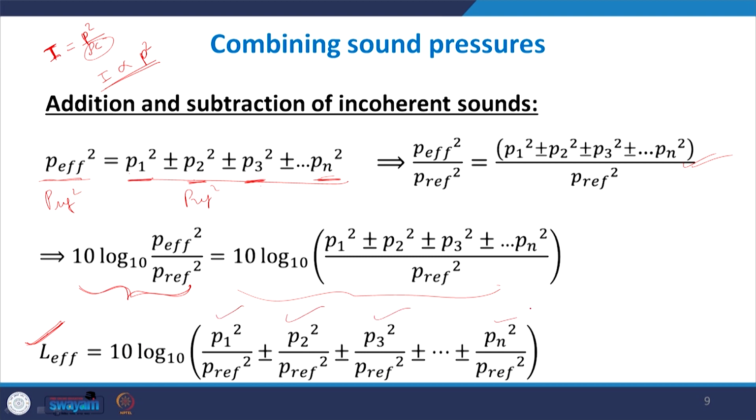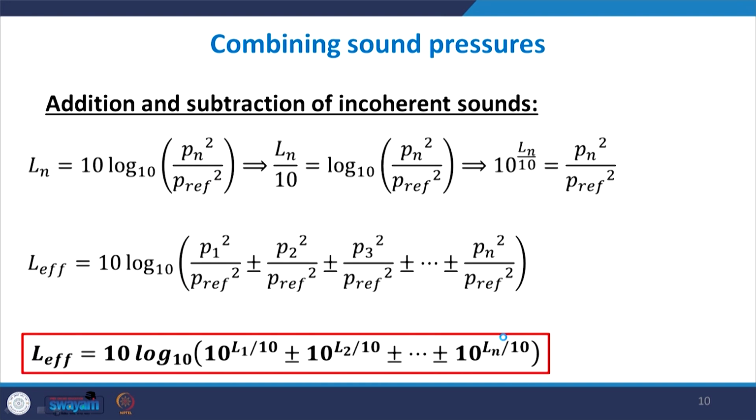Now let us see how to calculate these expressions in terms of their respective SPLs. Let us say the SPL of the nth sound is Ln, and the formula for that will be 10 log 10 Pn square by P reference square.